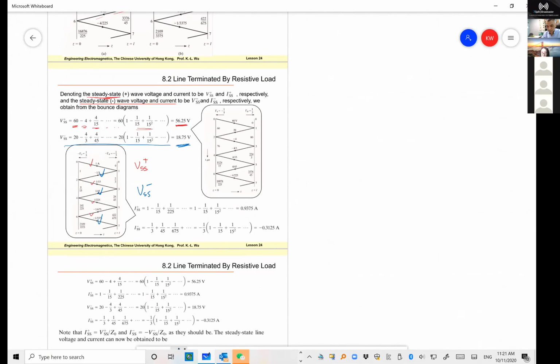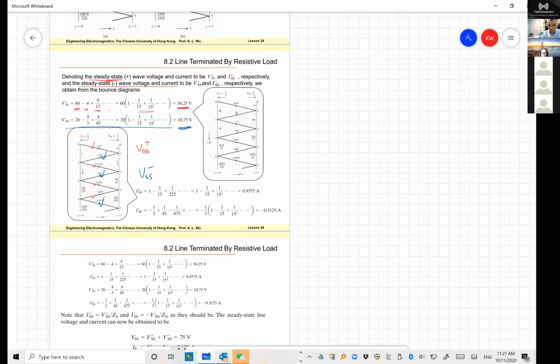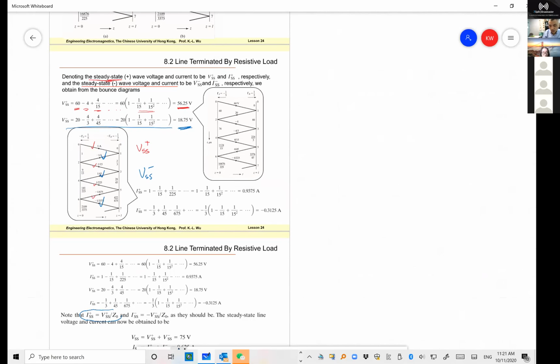Then you can easily justify this relation, because the total wave traveling in one direction, added together, is still a traveling wave. If this is a traveling wave, you can divide by the intrinsic impedance to obtain the current. Also, for the wave propagating in the minus z direction, you obtain the same.